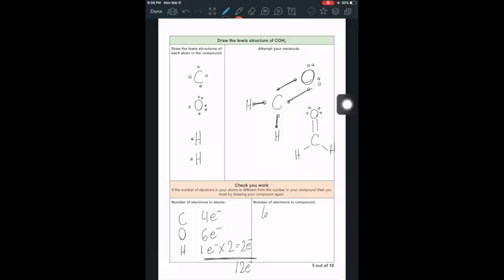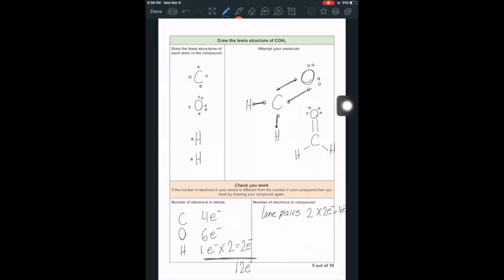Now, let's calculate the total number of electrons as lone pairs and as bonds. So for my lone pairs, I can see that I have 2 lone pairs. So 2 times 2 electrons equals 4 in total. And then how many bonds do I have? 1, 2, 3, 4. Remember, a double bond still counts as 2 bonds, so you've got to calculate both of them.